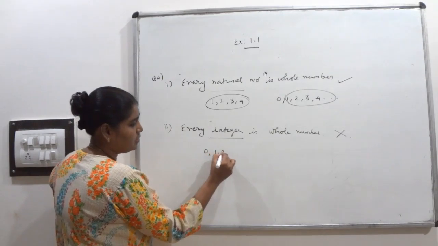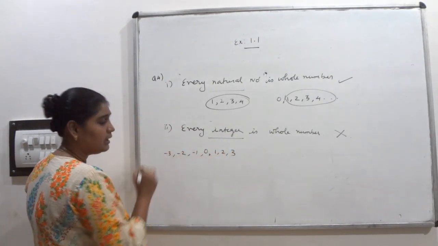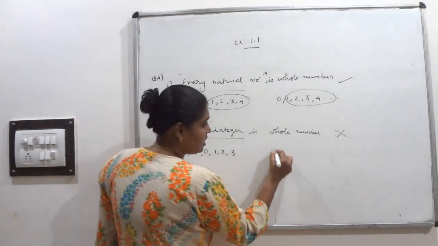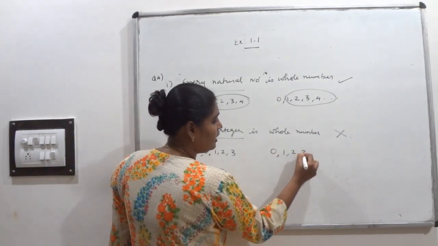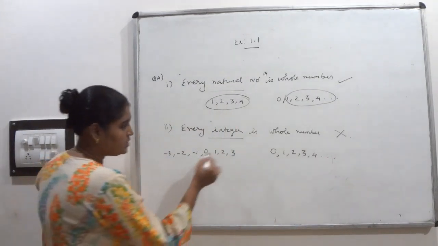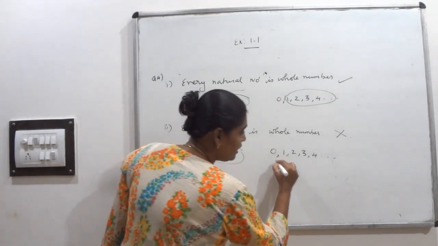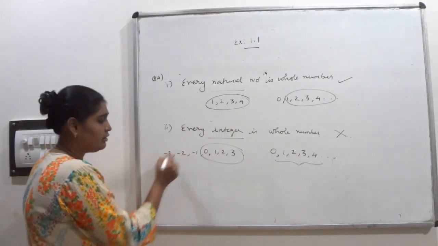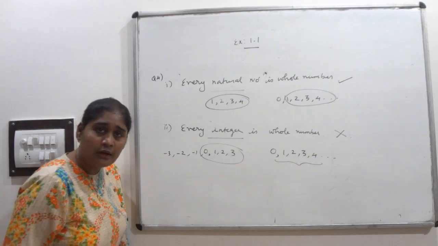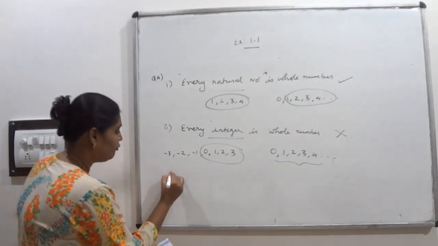See, 1, 2, 3 like here, -1, -2, -3 like that. Whole numbers start from 0, 1, 2, 3, 4 like that and go on. Now you check that all the positive numbers including 0 you will see in whole numbers. But the negative numbers will not be there in whole numbers. That's why this statement is wrong. Go for the third option.